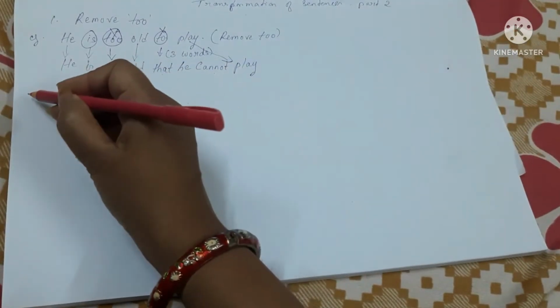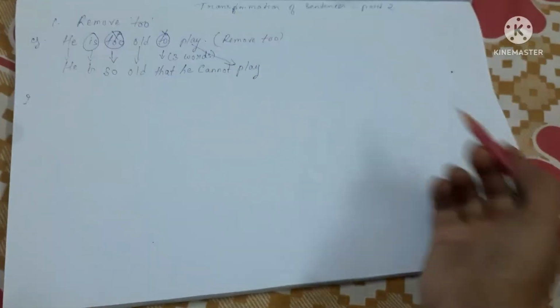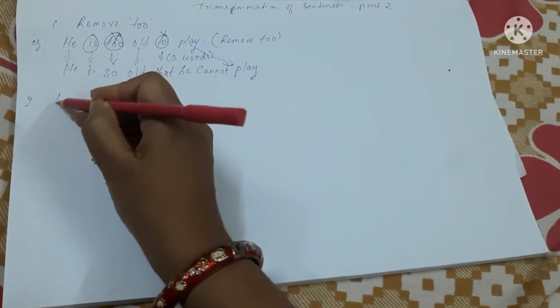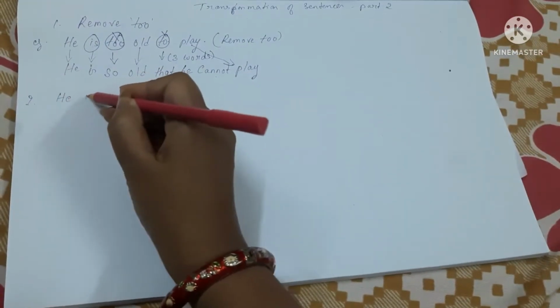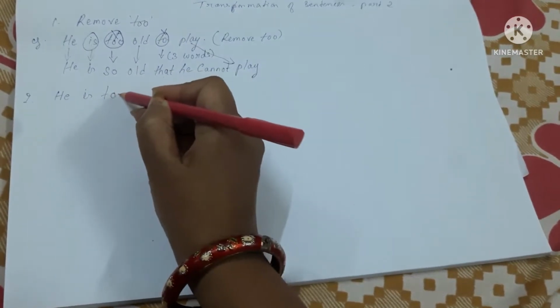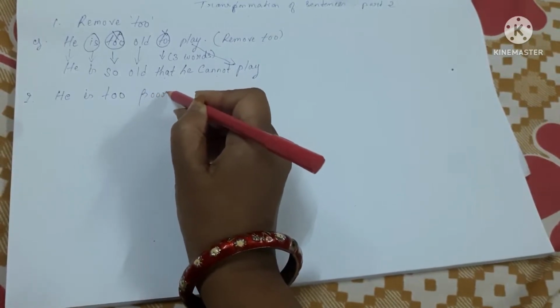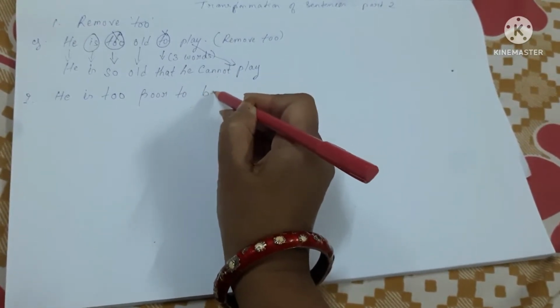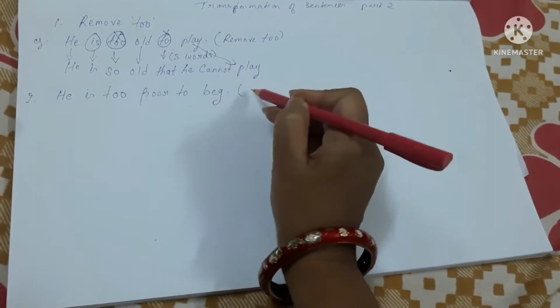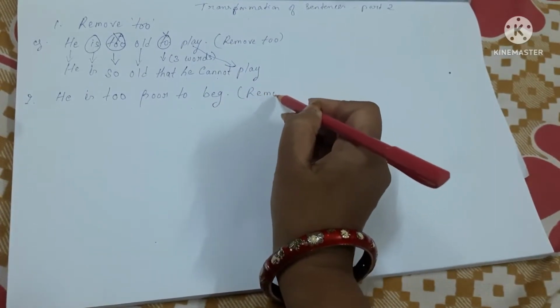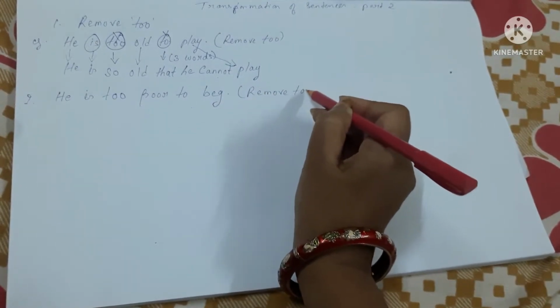Now let me take another example. Example number 2: He is too poor to beg. The instruction given here is also remove too.